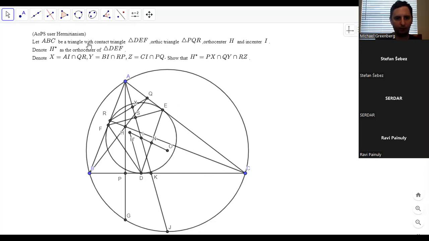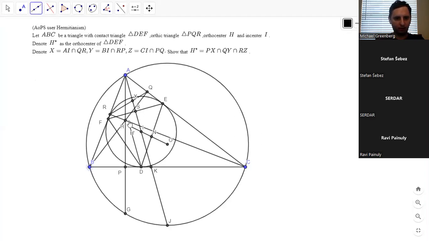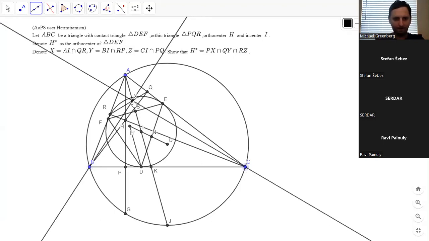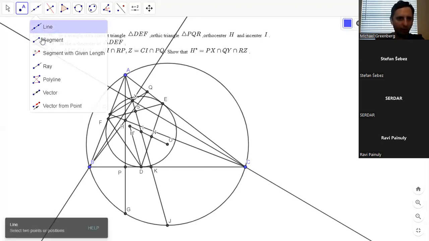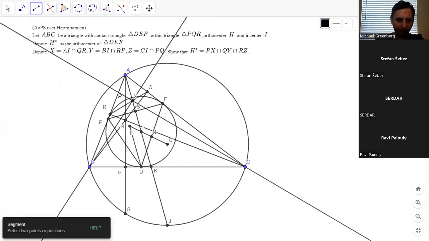Okay, yeah. So let me think about that. We want A, T, X, and K to be harmonic. So basically we want to draw BX and CX and see where they meet. So would this be point T?